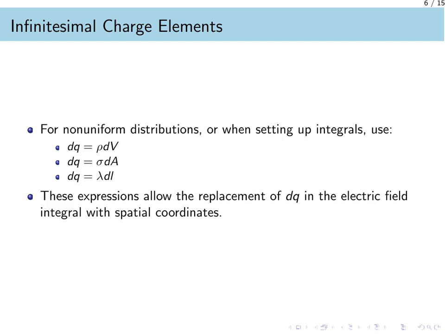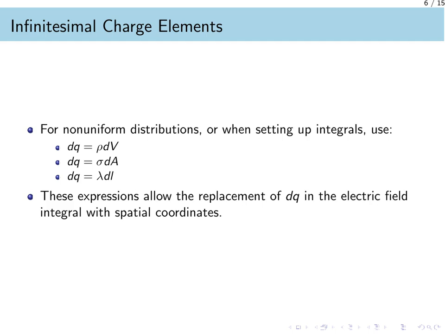When dealing with continuous charge distributions, particularly non-uniform ones, or when setting up the limits for our integrals, we express the infinitesimal charge elements using these density definitions. We can substitute the charge element, dq, in our electric field integral with spatial coordinates.